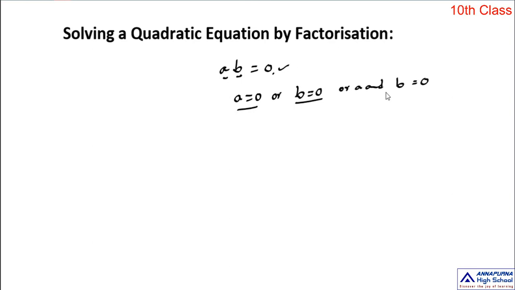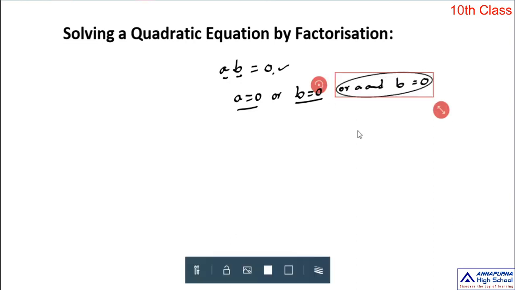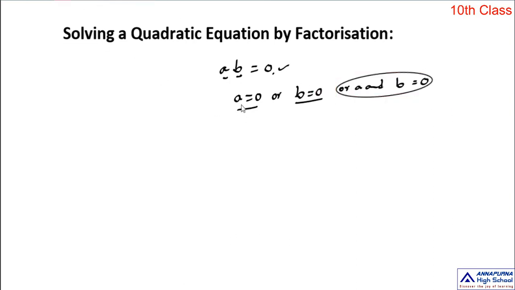Here we have only 3 cases. If the product of two real numbers is 0, out of the two numbers any one number must be equal to 0 or both numbers are equal to 0. In this case here we do not consider the last case. We consider this one only. That means if the product of two real numbers is 0, then any one of the two numbers is equal to 0.